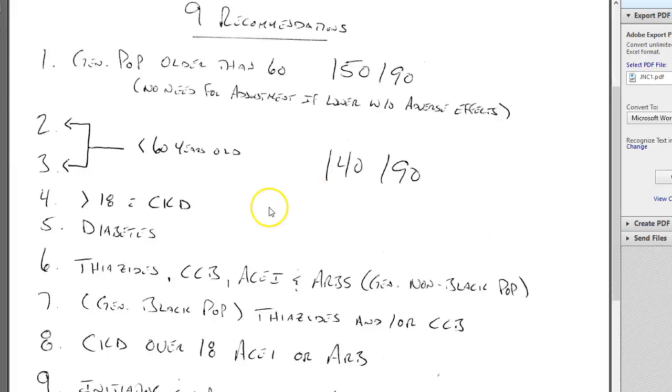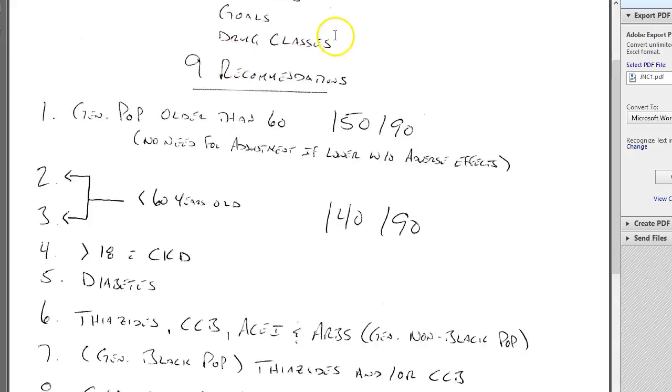Now, let's talk in terms of some medications, and specifically drug classes. We aren't going to dive into specific drugs so much. You won't really see that on tests or even on boards, but you need to know your classes. All right.